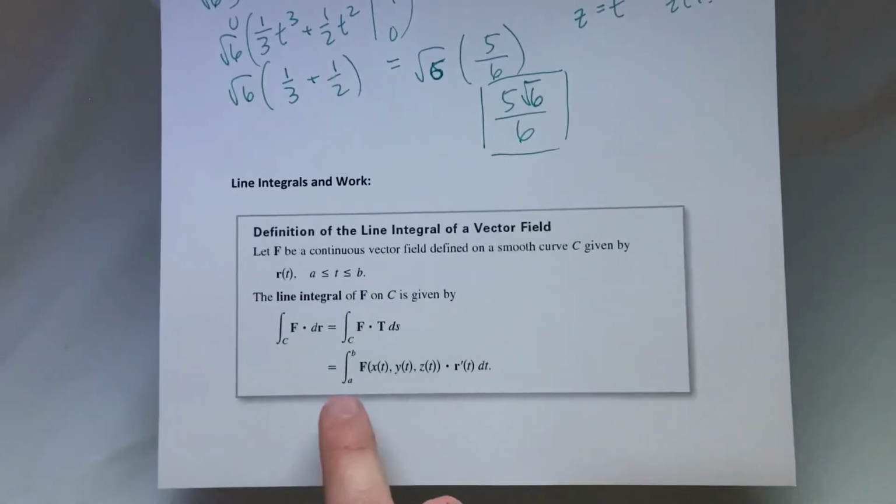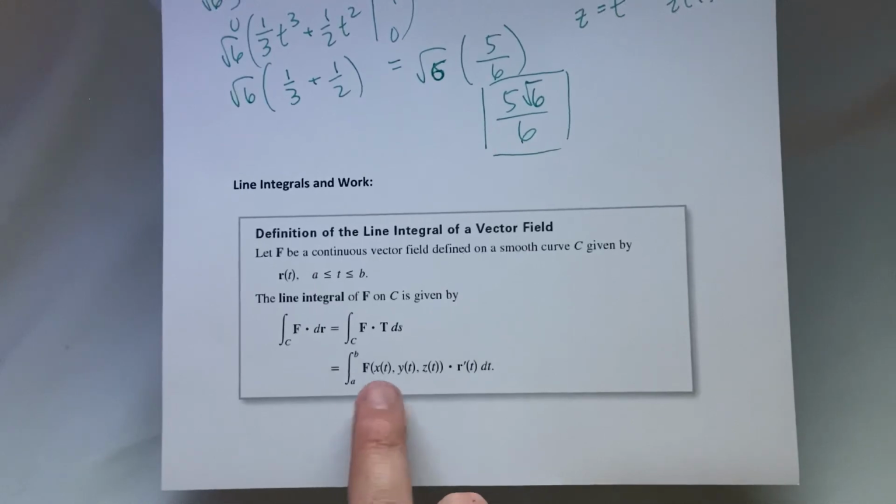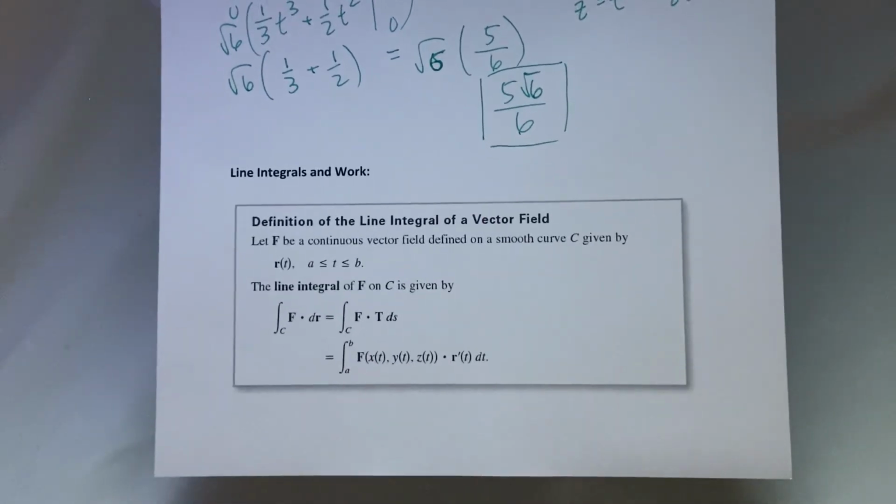Namely, that's the integral from a to b of our function with t's substituted in times the derivative of our vector valued function r, and we will use it in the next video.